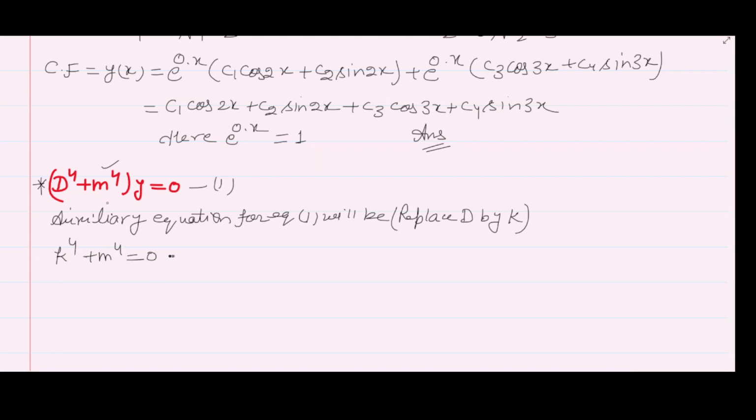Now in order to solve this particular equation, we have to be precise about the roots of this particular biquadratic equation. The methodology to find its root has been discussed in my video that you will get in the description.